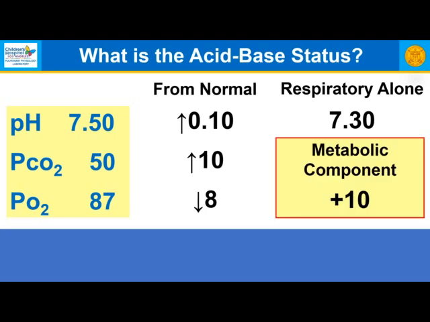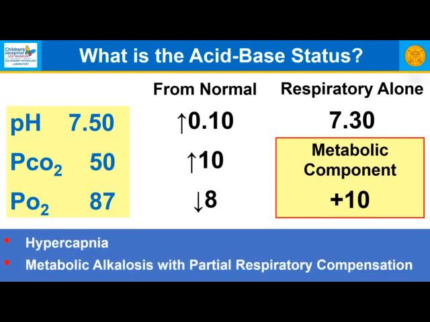Okay. So what do we have here? Because the pH is alkalotic, the primary problem is probably the metabolic alkalosis. So we have hypercapnia, so there is some respiratory acidosis, but we have a metabolic alkalosis, which is primary, and a partial respiratory compensation. Again, partial because the pH is not down to normal.